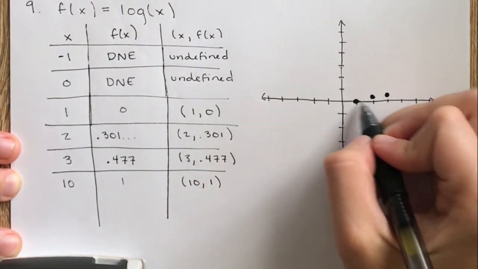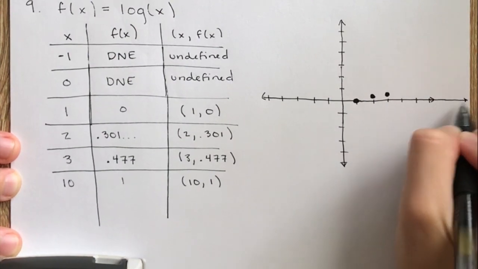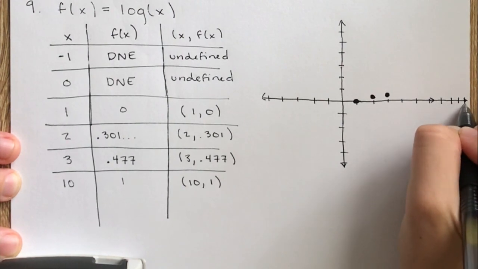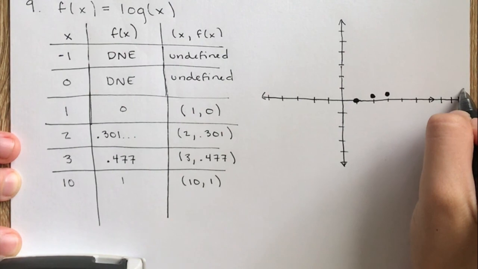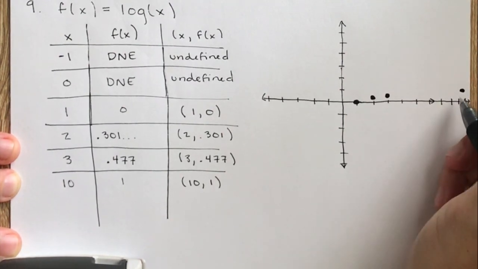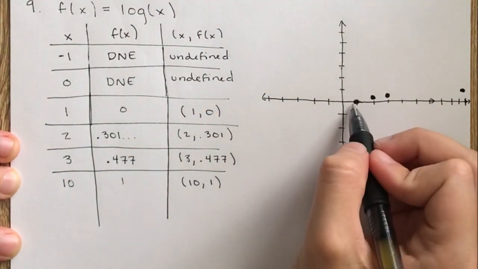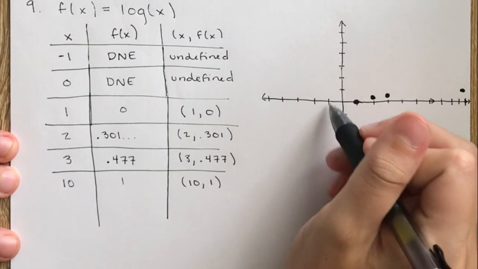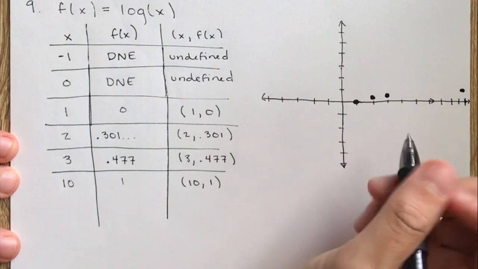So we have 1, 2, 3, 4, 5, 6, 7, 8, 9, 10. I'm kind of fudging, but we've got that point there. Now, again, that doesn't really tell us much about what's going on here. We know that we don't have any points over here because we had does not exist for these guys.